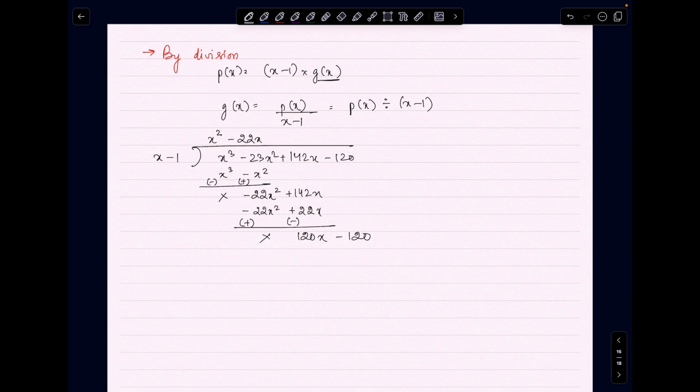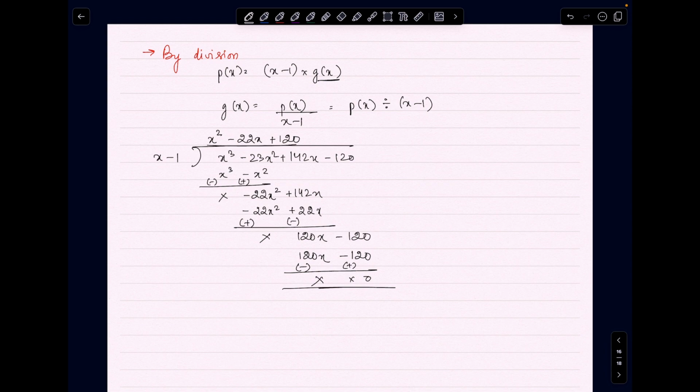So in the quotient I will multiply with plus 120. Plus 120 into x is plus 120x, and plus 120 into minus 1 is minus 120. I am going to subtract. This minus will become plus. 120x minus 120x is 0. Minus 120 plus 120 is 0. So the remainder is coming as 0.